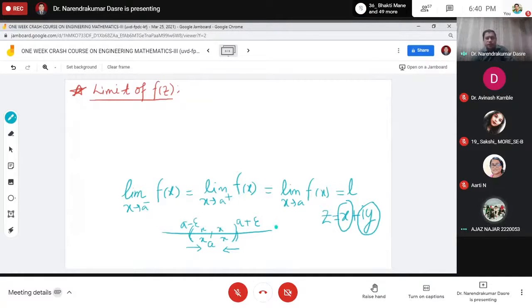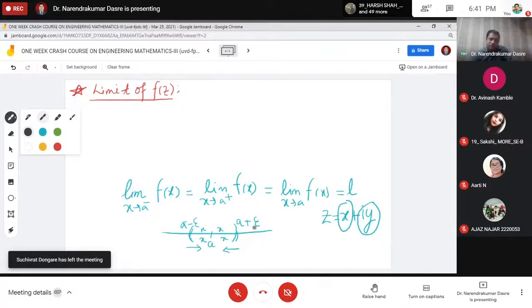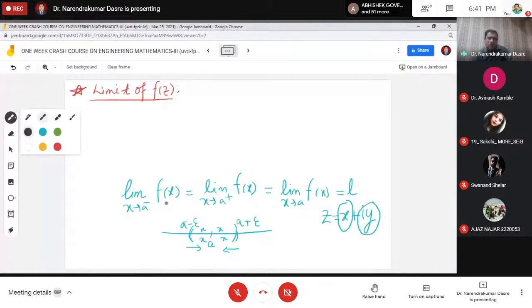That's why, when we define the limit of f of z, when z is in the neighborhood of some point, then f of z will be in the neighborhood of some constant. For one neighborhood we consider epsilon, and for the other we consider delta, another positive number. This is also called the epsilon-delta definition of limit.